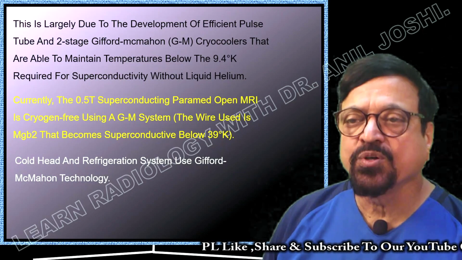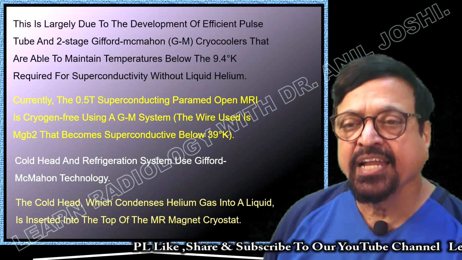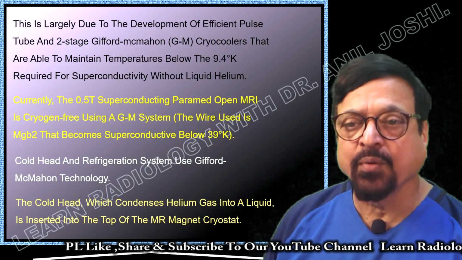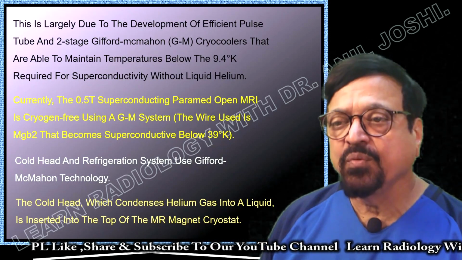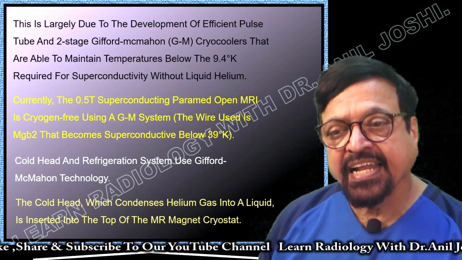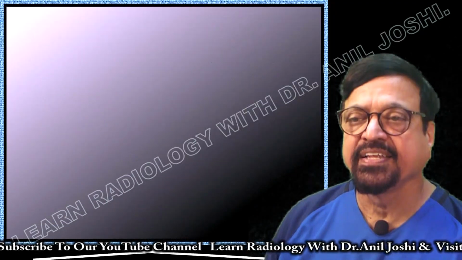Gifford-McMahon technology is also popularly called a GM system, and we saw that in the earlier slide also, what it is and how it works. The cold head, which condenses helium into liquid, is inserted into the top of the MRI magnet cryostat.